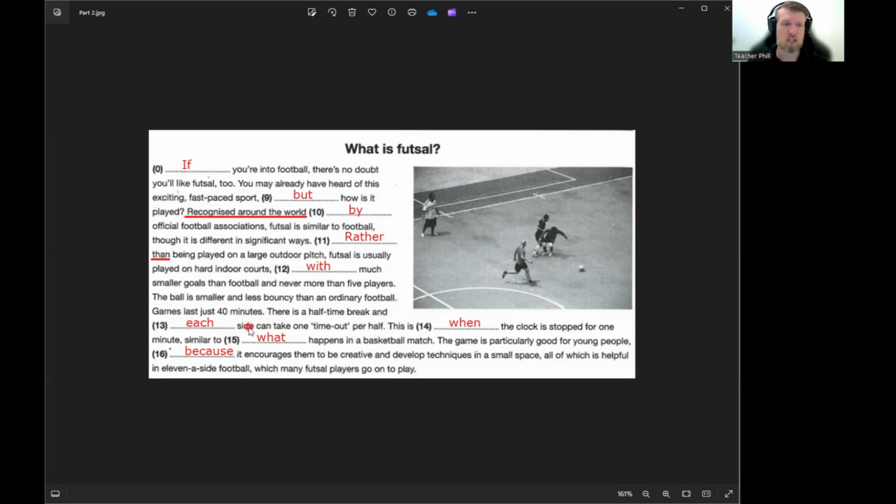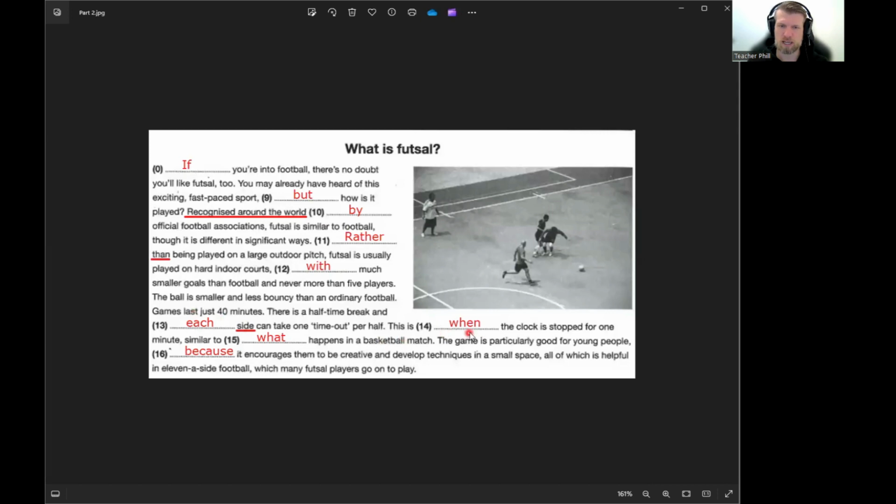So I would say here each side, because we're talking about the fact that both teams have the opportunity to take a timeout, but because here we have the singular noun, side, I would say each is better. If we say both, we would have to say sides with an S, the plural form. So that doesn't work. Here I think each is better.